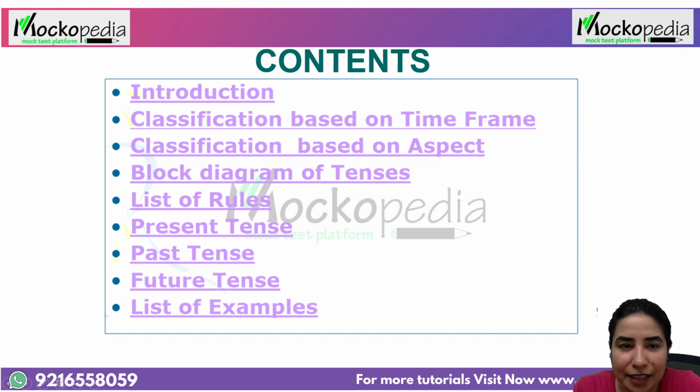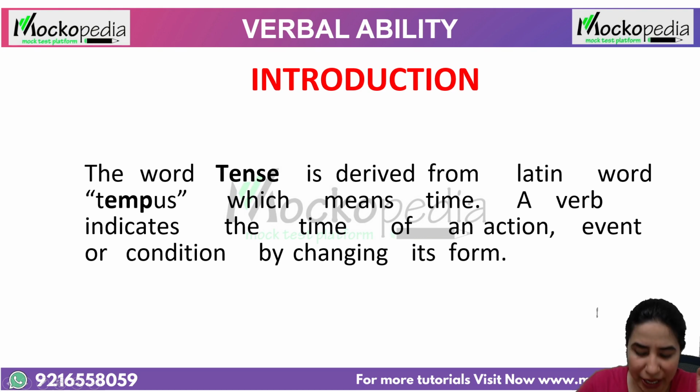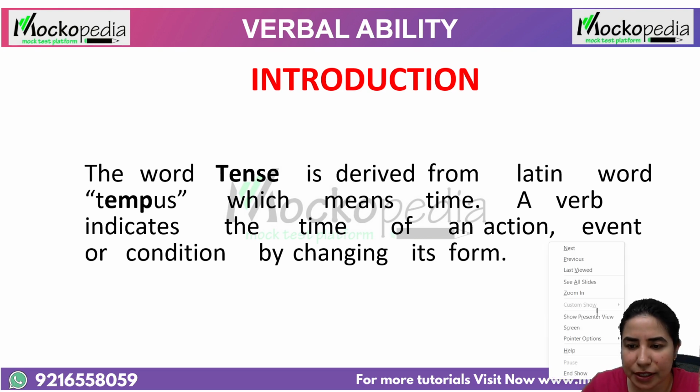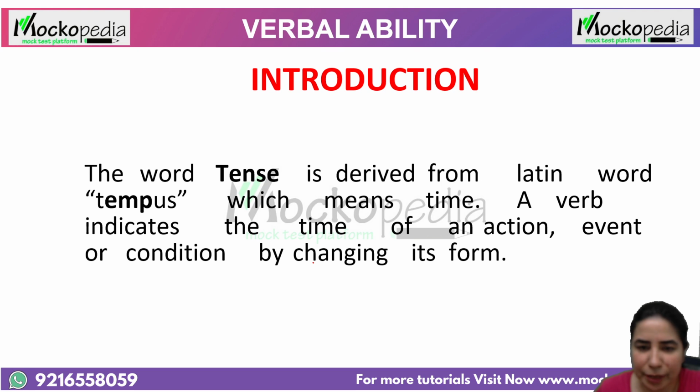So let's get started. As we know, students usually ask us what is the difference between verb and tense. So verb tells you that an action is happening, and tense tells you the time of action. So if I say I am teaching in the class, I'll just write the sentence for you. Right, so let me write this sentence.